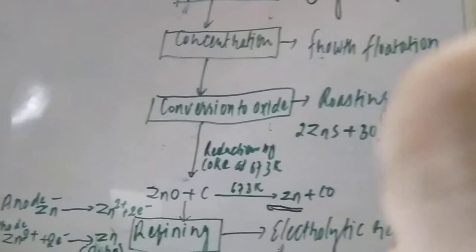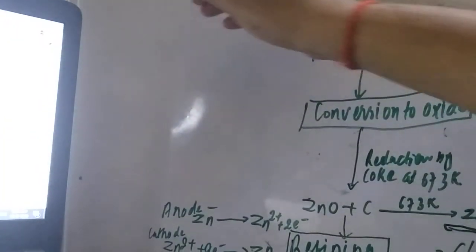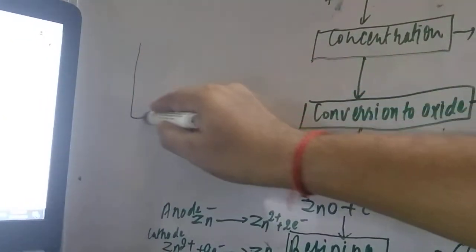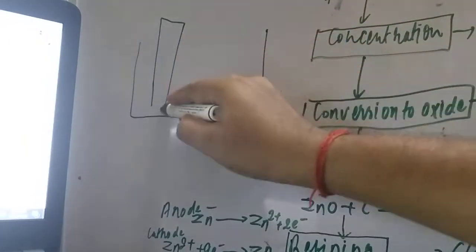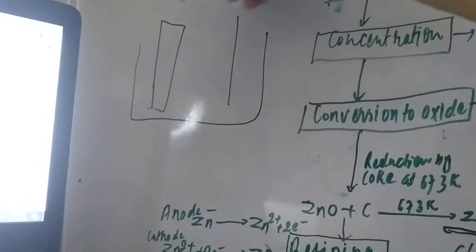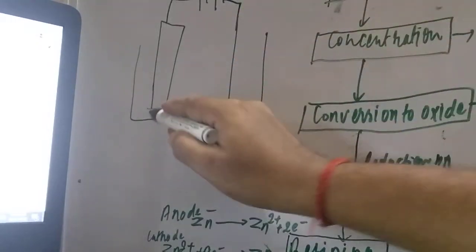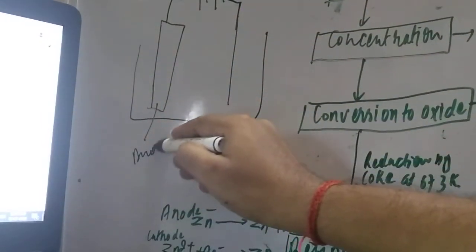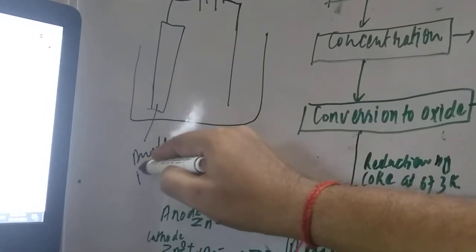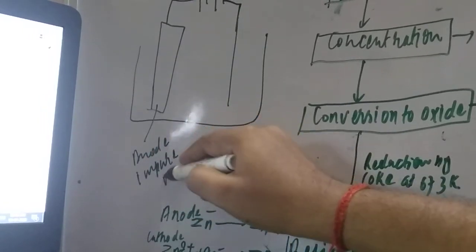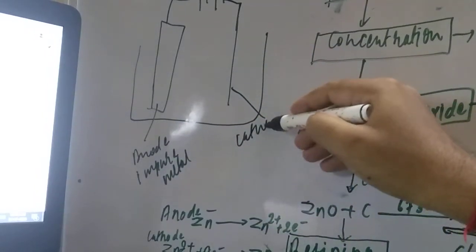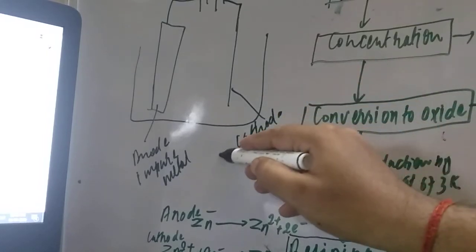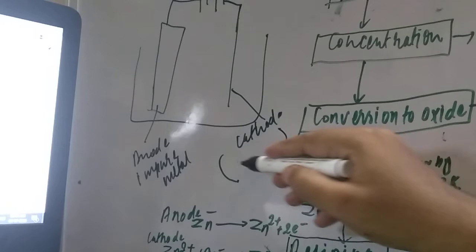We do electrolytic refining. How can we do the electrolytic refining, students? Check on the board: we take an electrolytic cell. The anode is made up of impure metal. The cathode is made up of a pure metal strip.